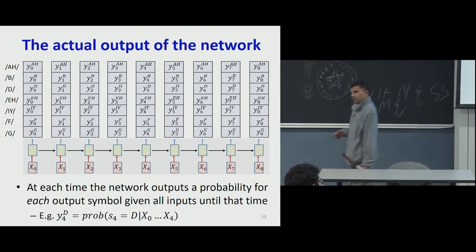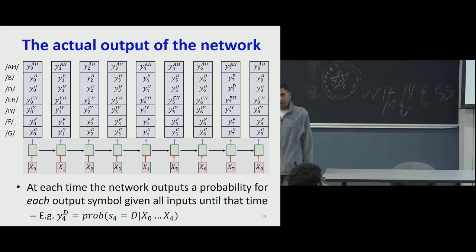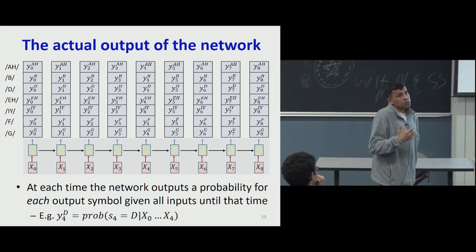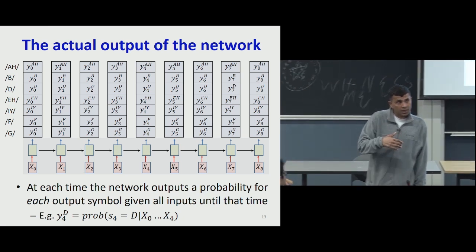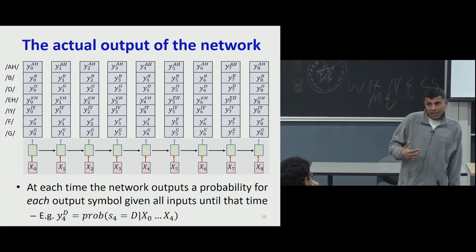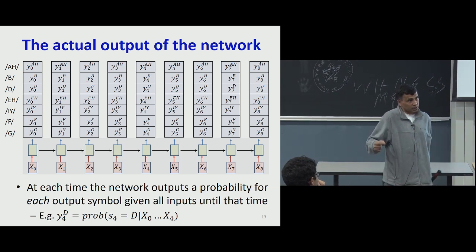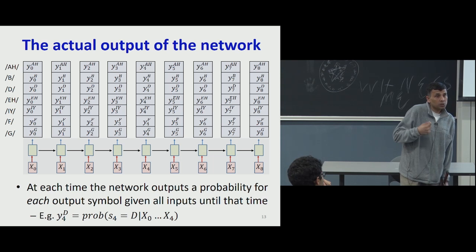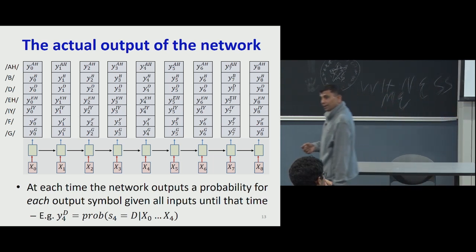Now remember, we've said this from the first class. What the network actually produces is a posterior probability over the classes given the input. So in this case, the classes are symbol sequences, and you want to find the symbol sequence that is a posteriori most likely given the input.